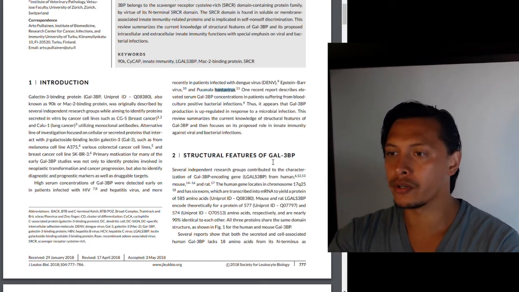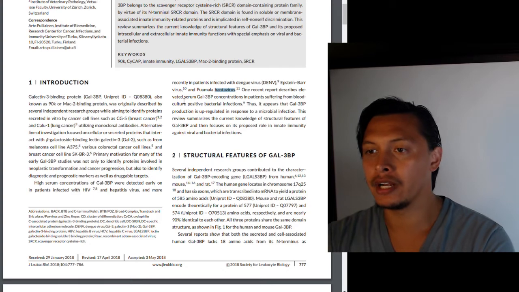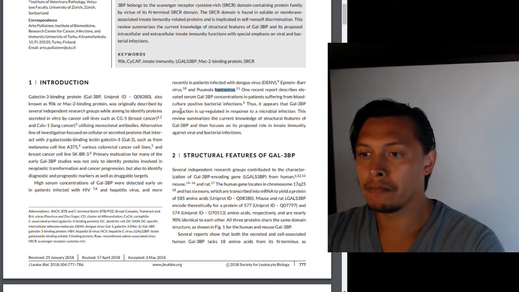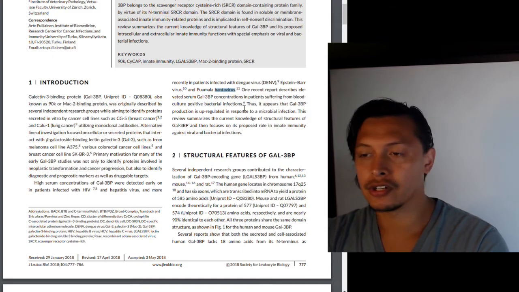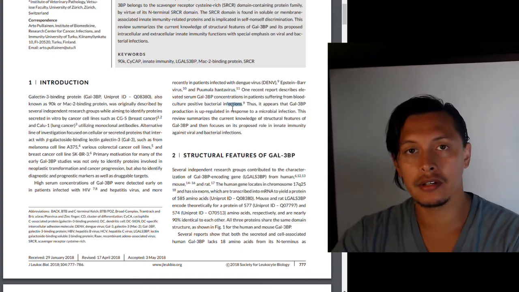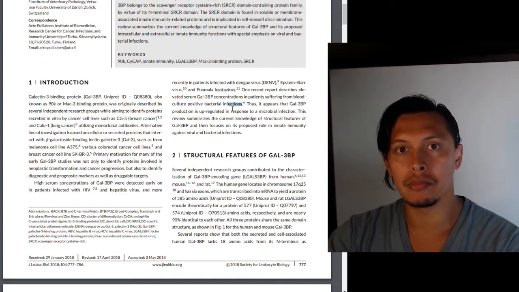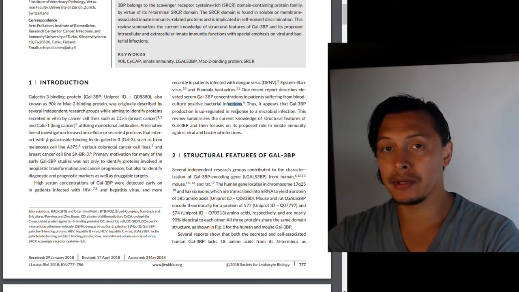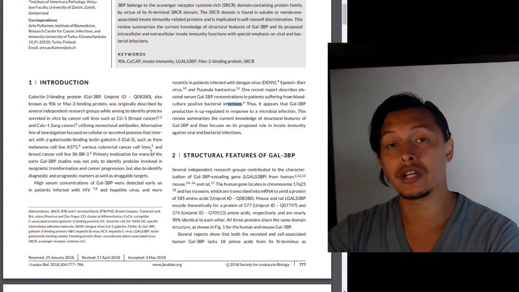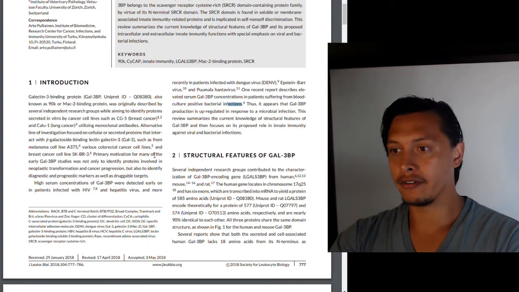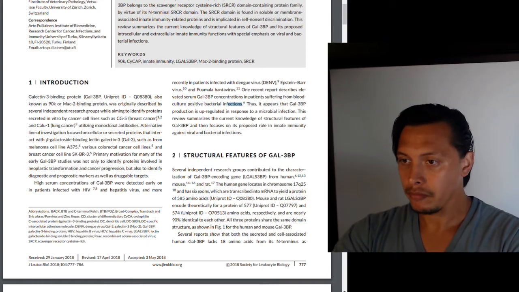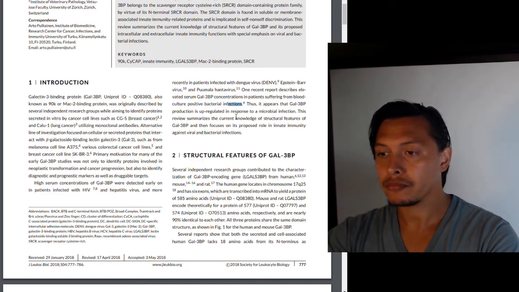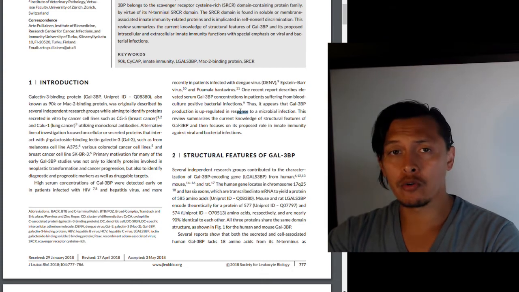One recent report describes elevated serum Gal3 binding protein concentrations in patients suffering from blood culture positive bacterial infections. So you can see that this galectin-3 binding protein is being upregulated into the serum somehow, and this is being done frequently in conjunction with either a viral or bacterial infection. Thus, it appears that galectin-3 binding protein production is upregulated in response to a microbial infection.